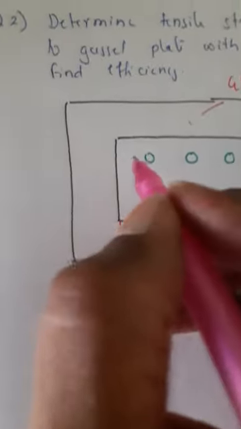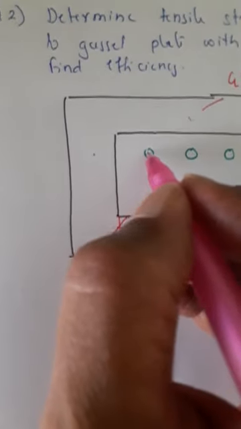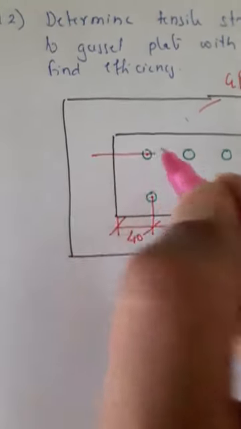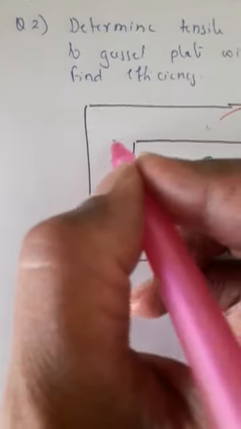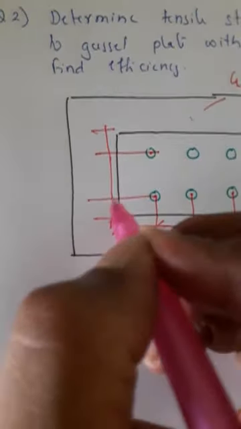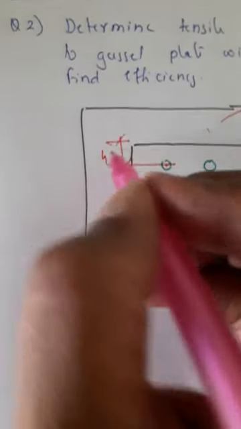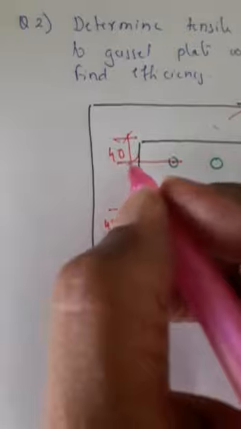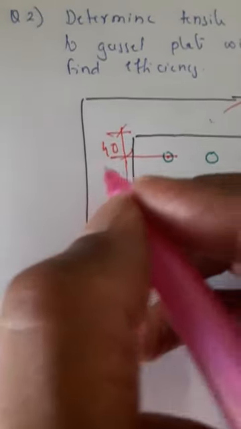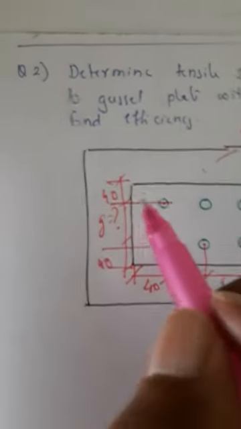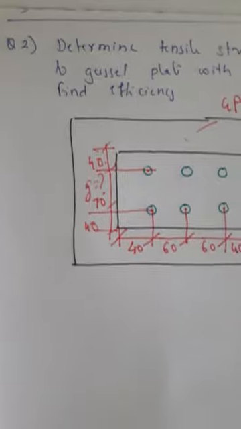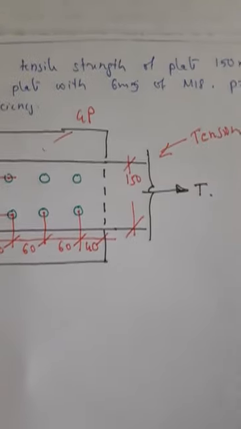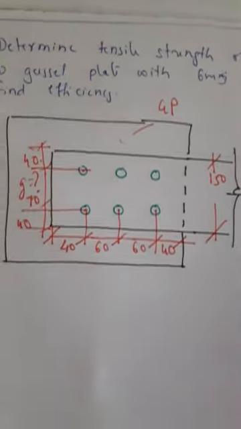And in this direction also, this distance is 40. Remember, this will be gauge perpendicular to load direction. So gauge you have to find 150 minus 40. So this will be 70 mm. So this is the basic geometry of the joint.